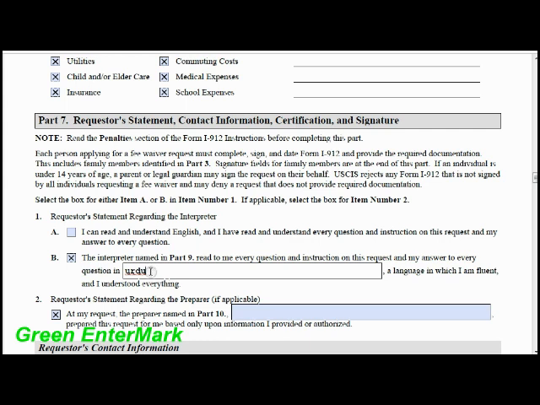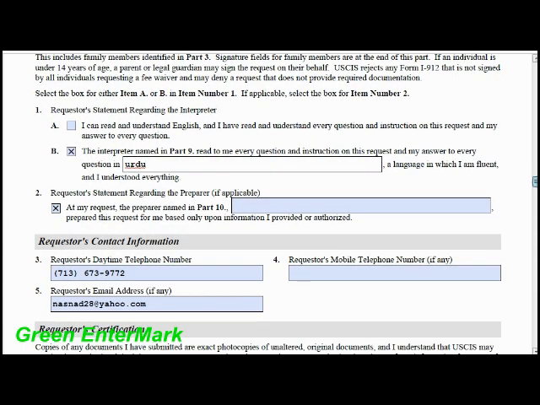Regarding the interpreter or person helping you, you have to mention that in a later part.